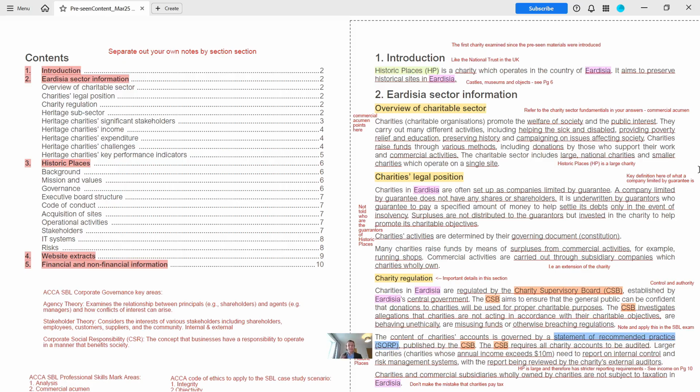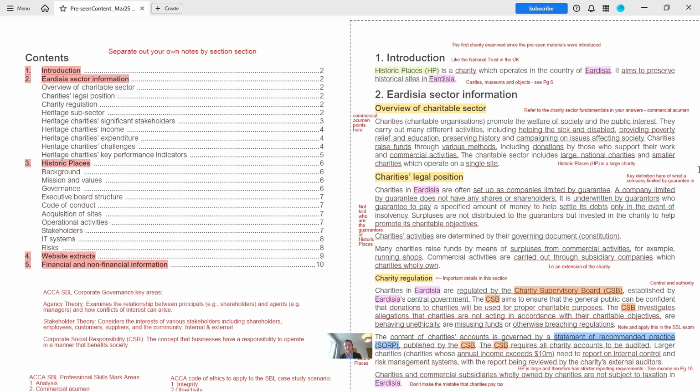Now, in terms of ACCA, the actual sector information, this is where we're going to pick up on our commercial acumen marks, applying this in the exam in our answers. And we're told that charities, again, it does what it says on the tin. You can read through these in your own time, but if you're following my notes, everything underlined are the key terms that I'd be looking to apply in my answer.